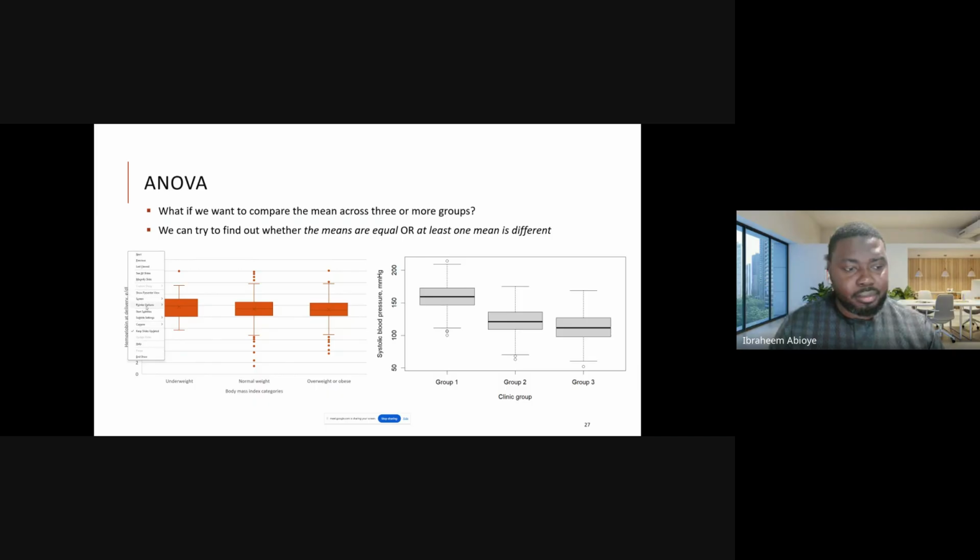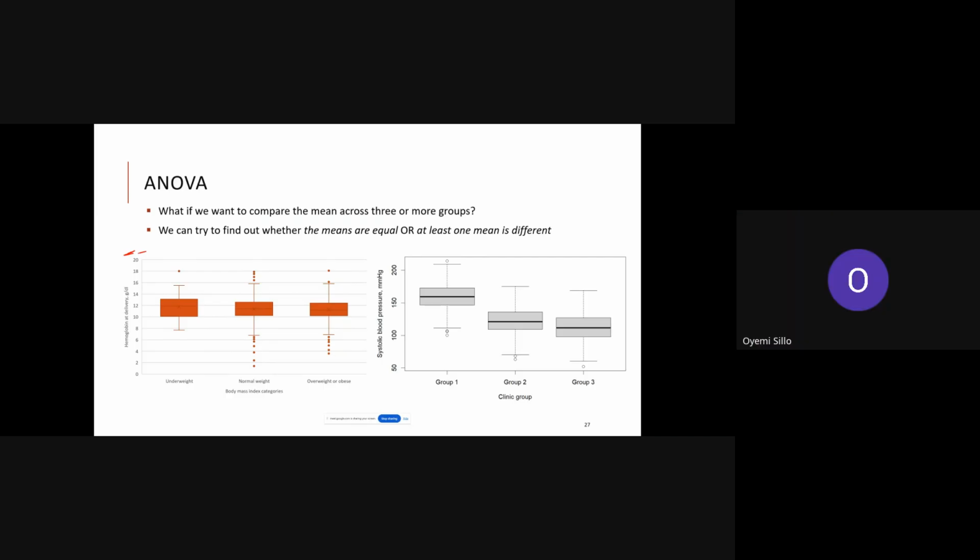Anyone? Just unmute yourself. What do you think, just looking at the plots? So the mean hemoglobin for underweight is higher.